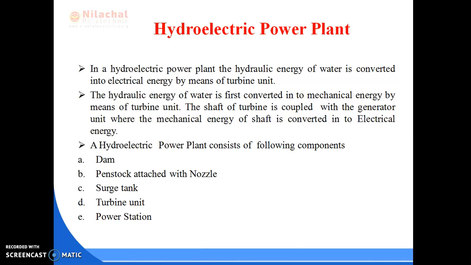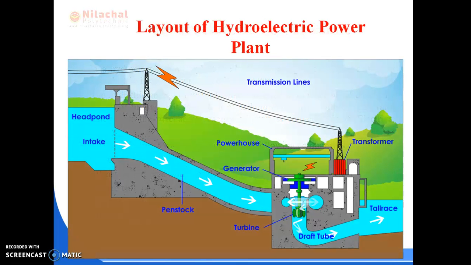So what are the basic parts of a hydroelectric power plant? We have the following components: dam, penstock attached with nozzle, surge tank, turbine unit, power station, and control gates. First of all, we have to know what a dam is.